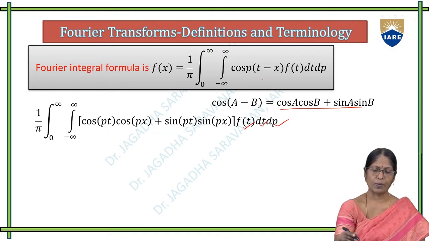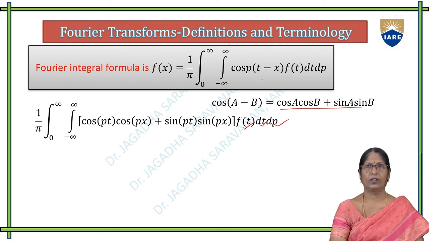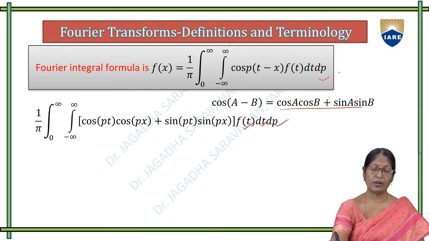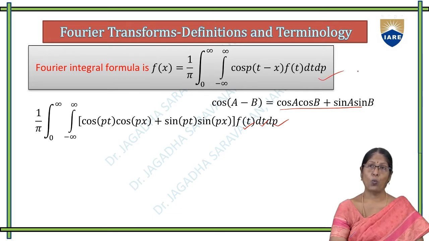This is the Fourier integral formula from which we can derive two formulas: the Fourier sine integral formula and the Fourier cosine integral formula. For that, these are the steps we are going to adopt.